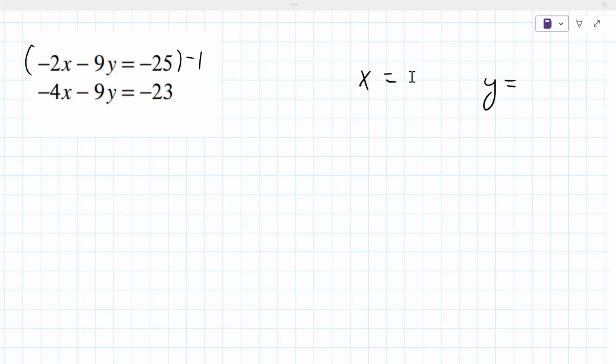X. All right, so I'll use the second equation, -4 times -1 minus 9y equals -23.